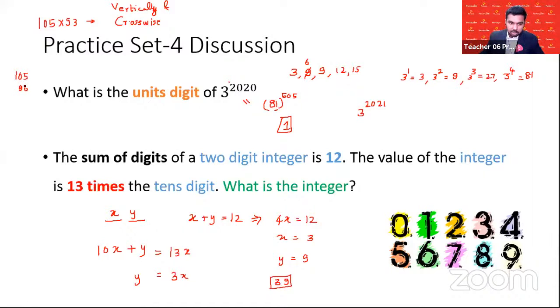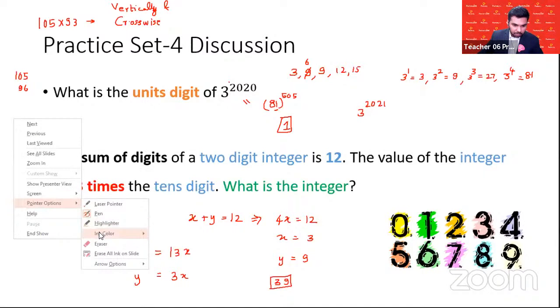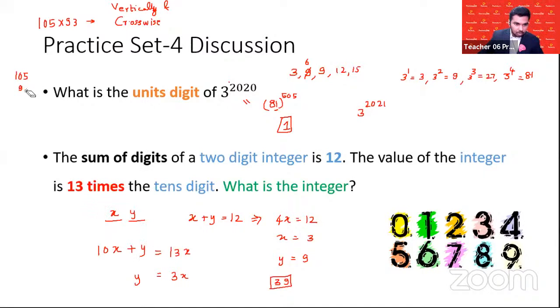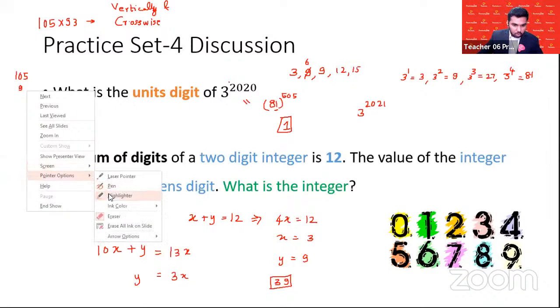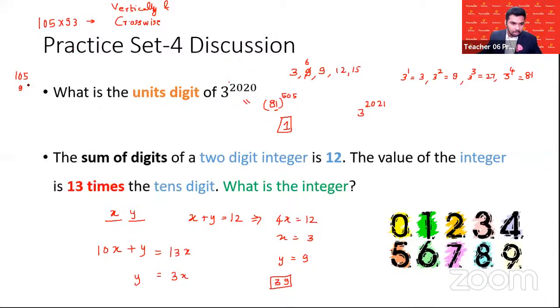105 times 93, right? So let me just erase that and put 93. What you can do is take the same base rule that we have applied. Both of them are close to the base. What is the base? It is 100.